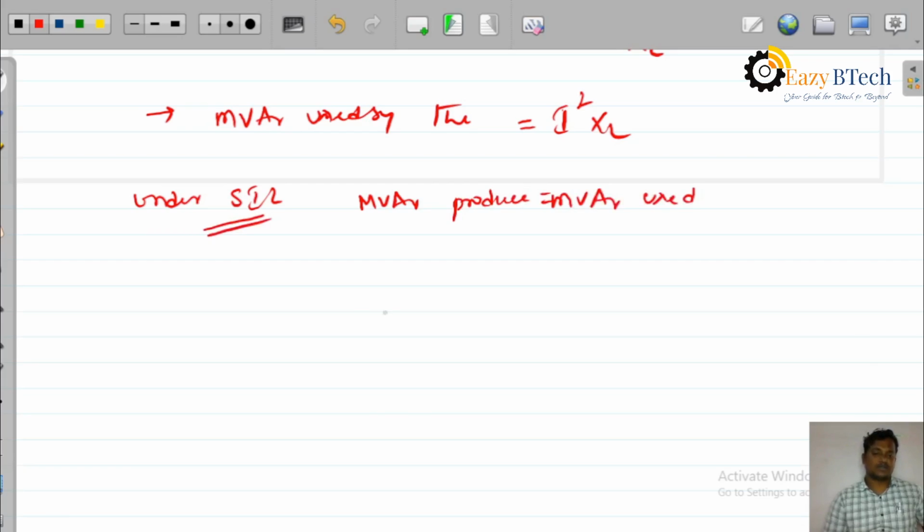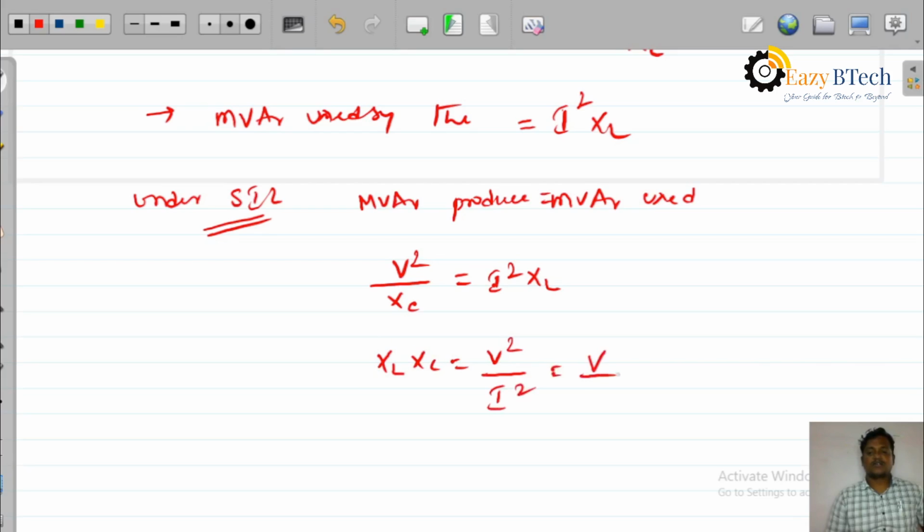MVAR produced is V square by XC, and the reactive power absorbed by the transmission line is I square into XL. Therefore, XL into XC equals V square by I square, which is V by I whole square.